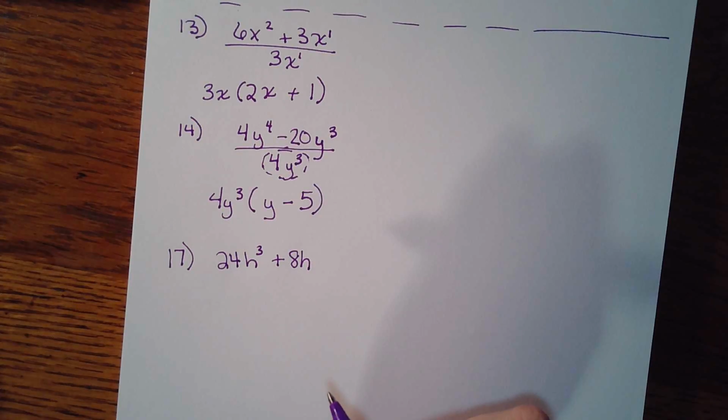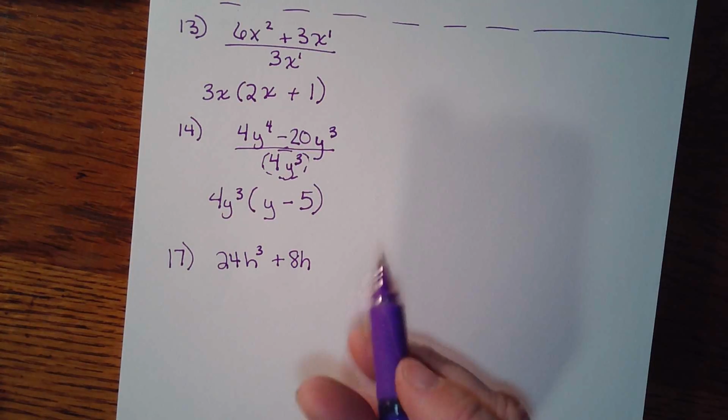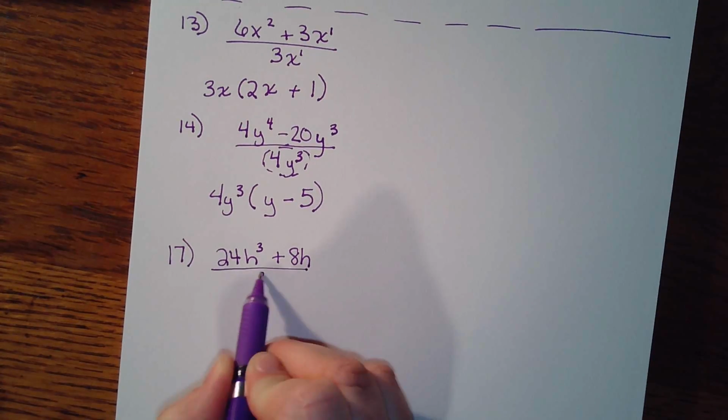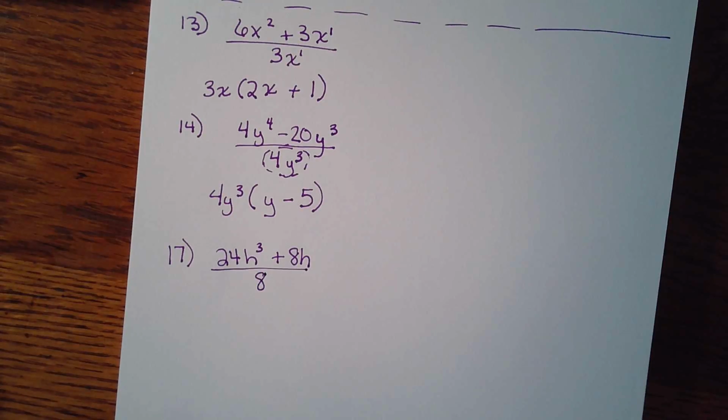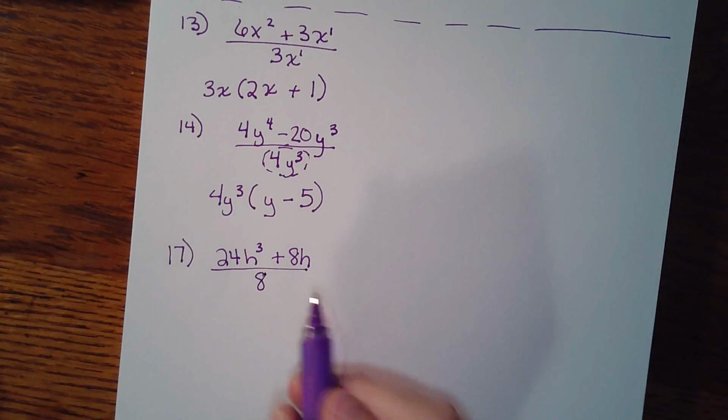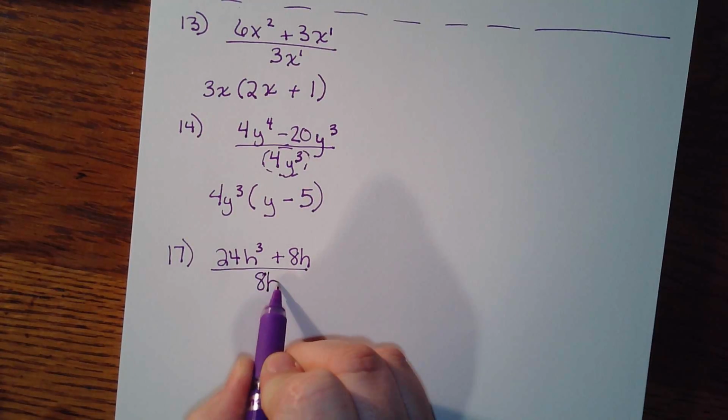Well, in this case, even though we know 8 goes into 24, sometimes we get this wild idea that I can pull out a 4 or just a 2. Remember, we want the largest common factor, which is the 8 in this case. Now, where is your smallest exponent? It's attached to the 8, so we're only going to take out an h.